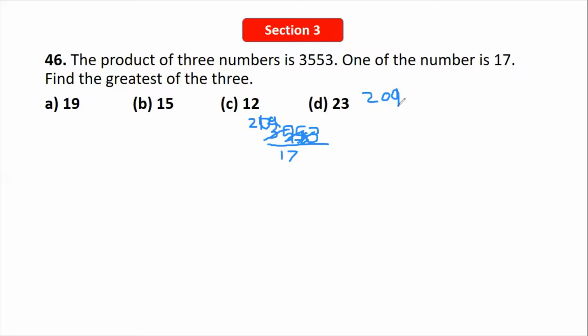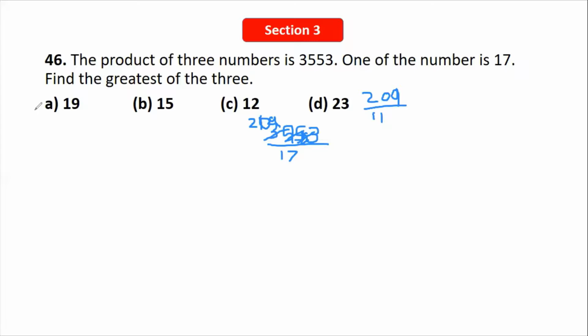Now we need to find the two prime factors of this. So 11 seems to be one of them. We divide by 11 and we have 19.